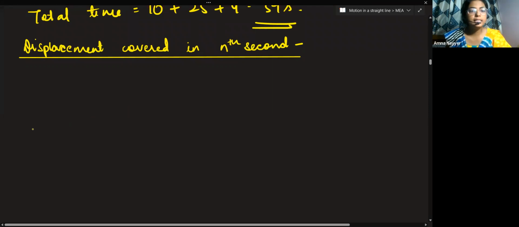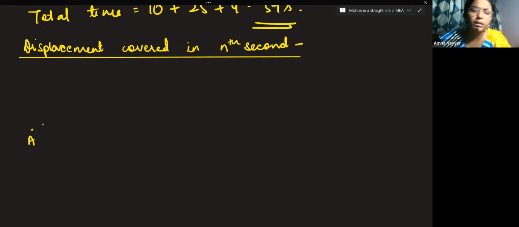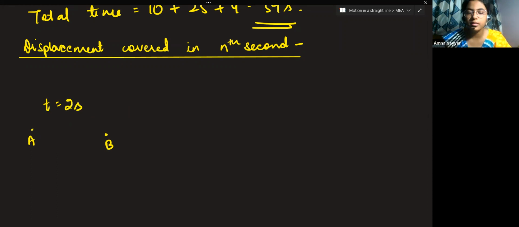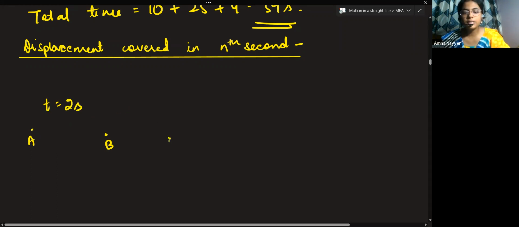Let's say a body has started from point A. Initially it was at rest, or it was also having some velocity. At point B, let's say the time taken is 2 seconds. So from A to B, the time interval is 2 seconds. Then it reached point C, and the duration was 1 second.